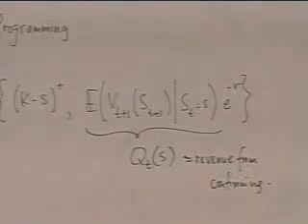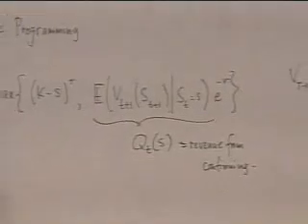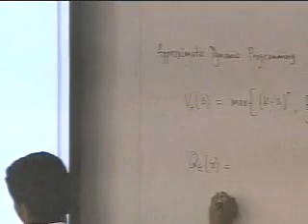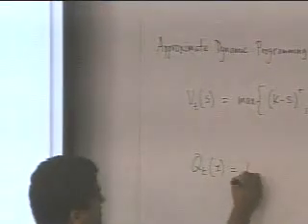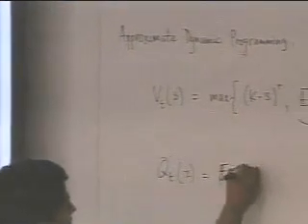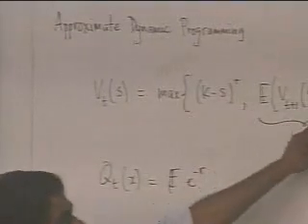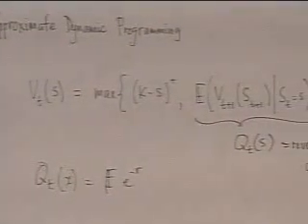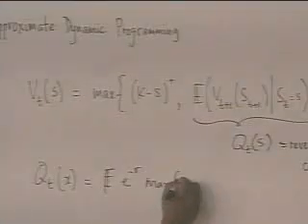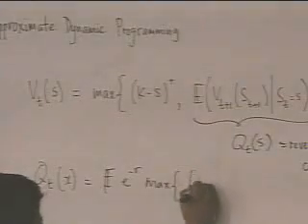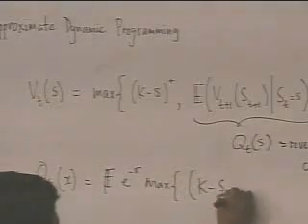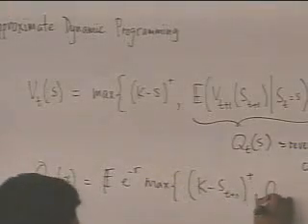So Q_t also satisfies another recursion. Q_t of x, or s, is in fact equal to the expected value of e to the minus r times the maximum of (k minus S_{t+1}) positive part and Q_{t+1} of S_{t+1}. What I'm doing is replacing this quantity by its iteration.